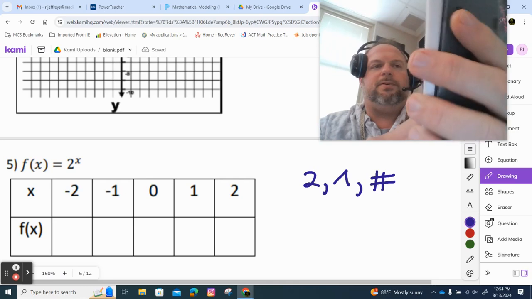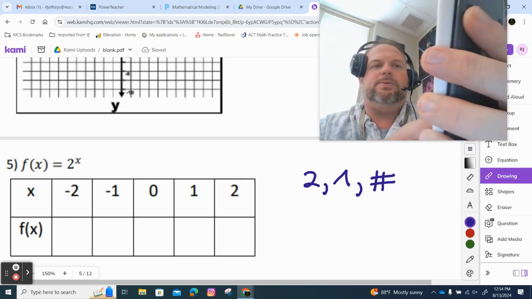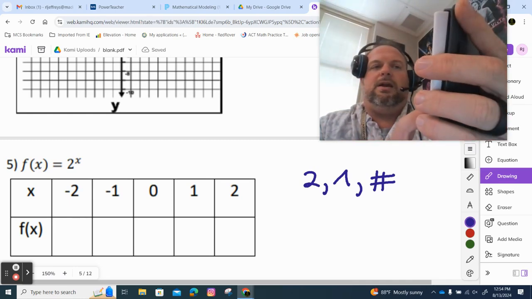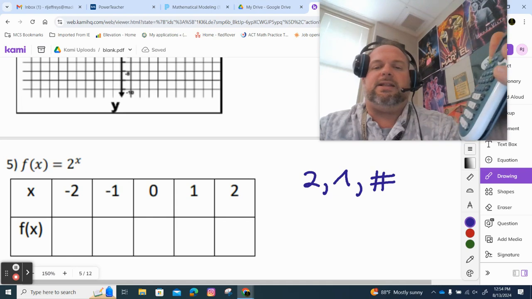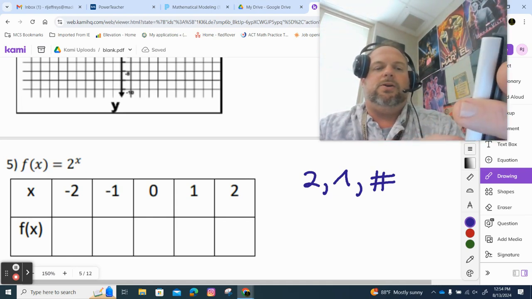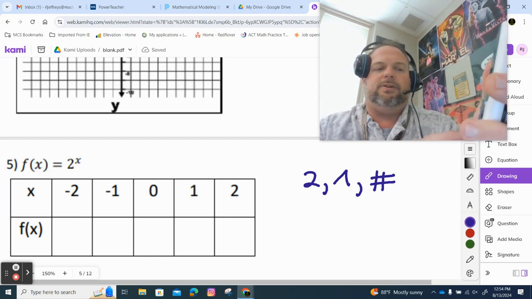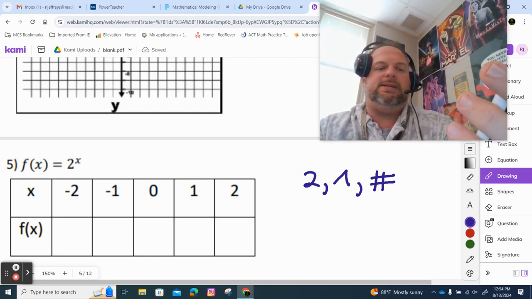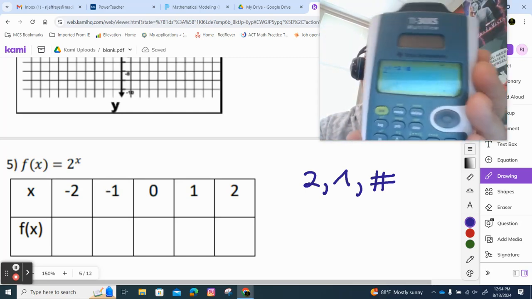And then parenthesis -2. It is exactly what it is on the board right here. So 2, raise the roof, the button above the x squared, parenthesis -2.